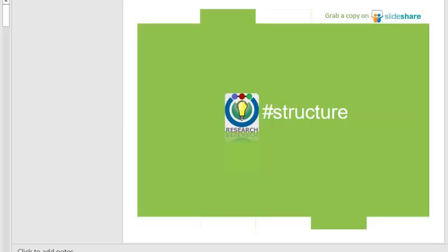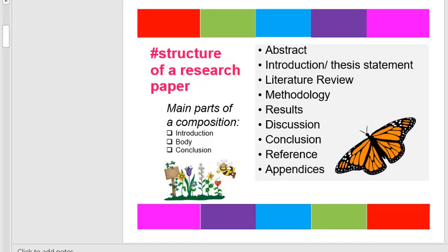Now we will learn about the structure of a research paper, about which components it is composed of. The main parts of a research paper are three. One is the introduction, second is the body of the research paper, and third is the conclusion.